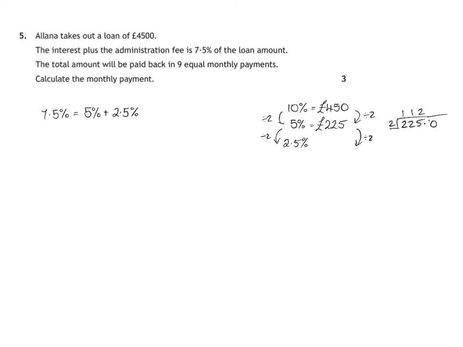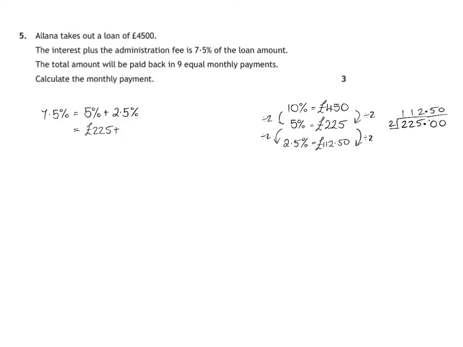So in this case, if we've got remainders, once our number stops, we put zeros on the end, and then we can carry a remainder over. So then 10 into 2 is 5, and 0 into 2 is 0, so we get £112.50.